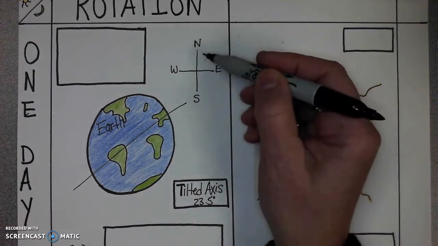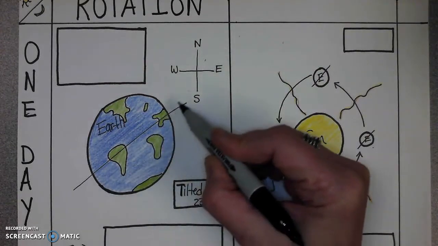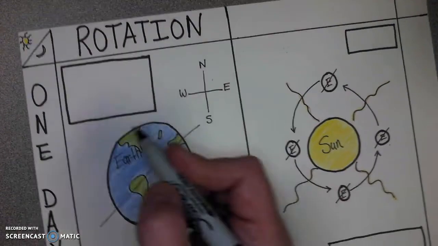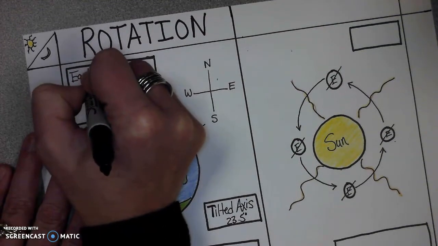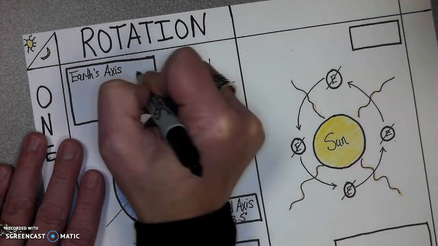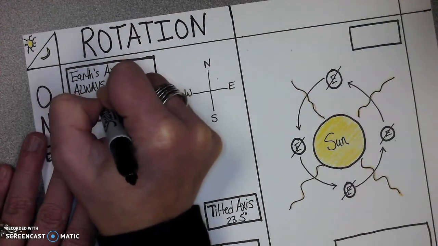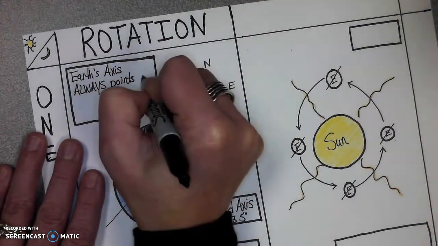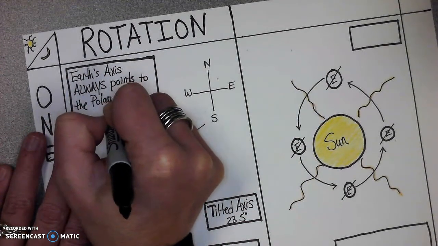Now if you notice, I have north, south, east, and west, because I want you to notice that this axis is pointing a little bit more north. So we're going to write in here that the Earth's axis always points to Polaris.